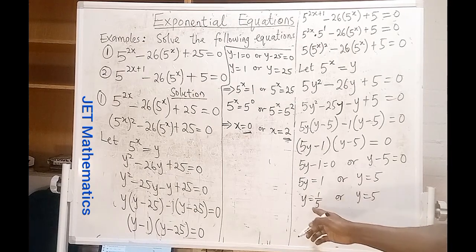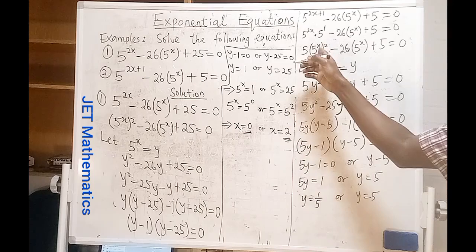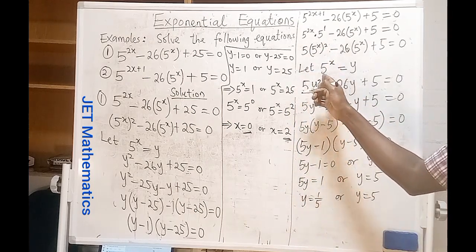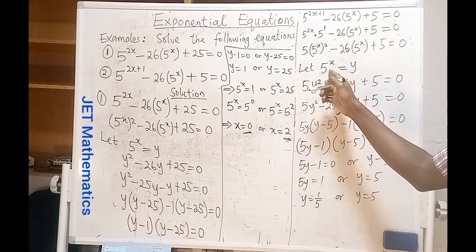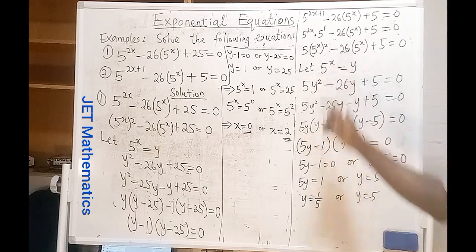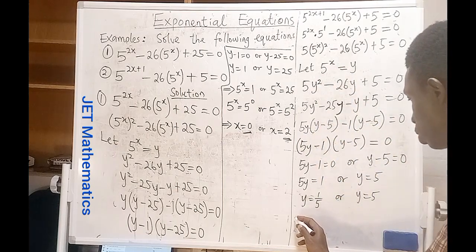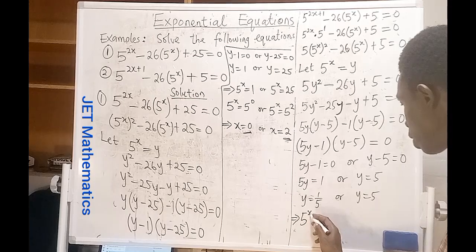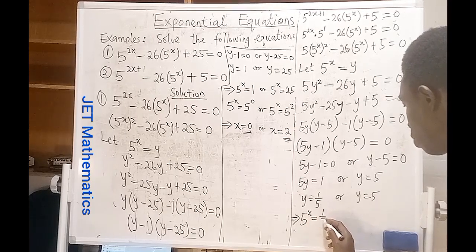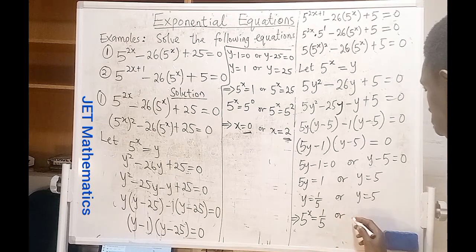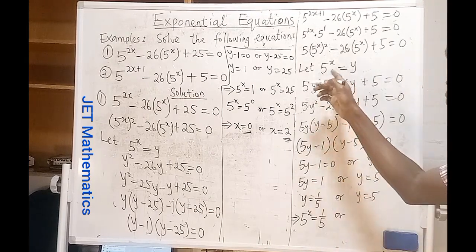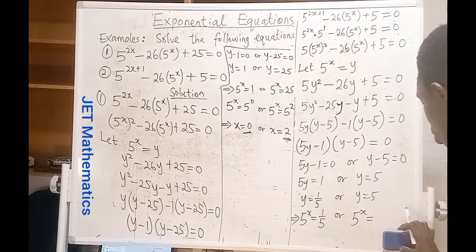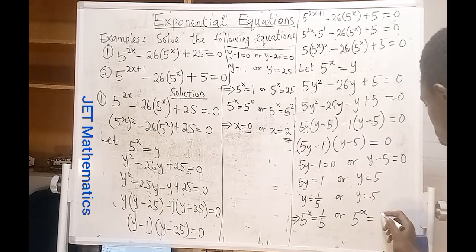But our job is not to get y, it's to get x. But remember that y is 5 raised to the power x. So that means this implies y, which is 5 raised to the power x, is equal to 1 over 5, or y, which is 5 raised to the power x, is equal to 5.